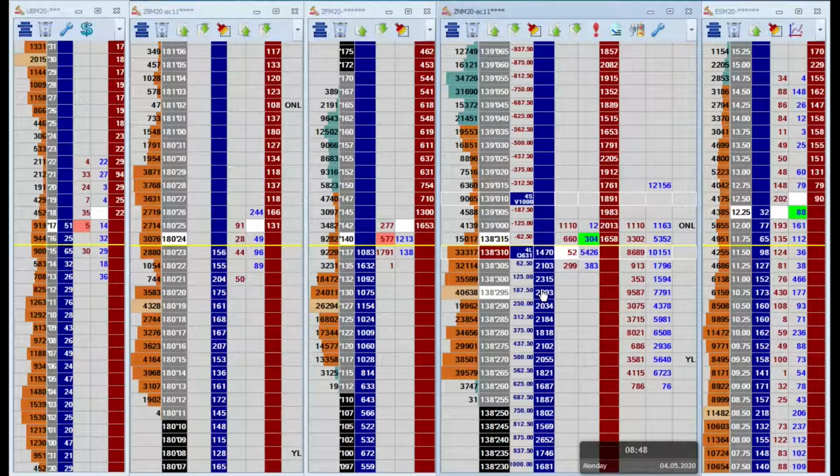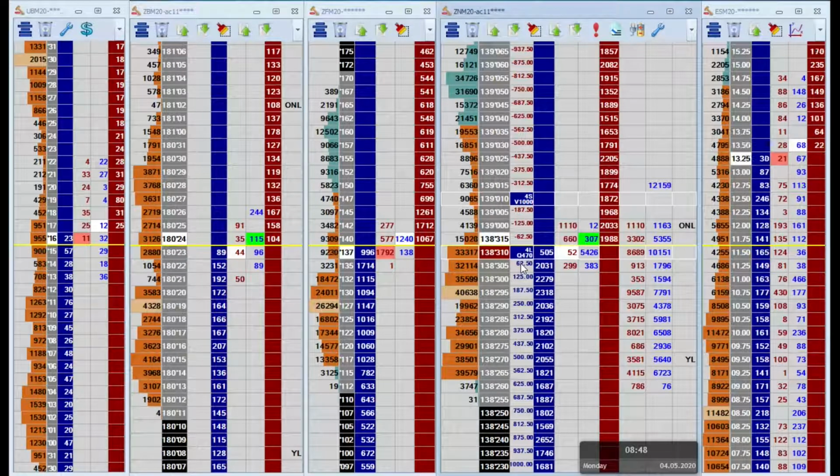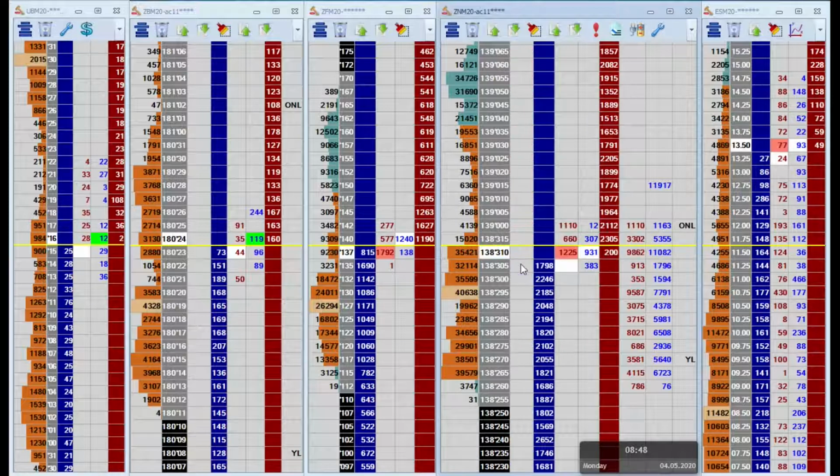There wasn't really a direction one way or the other. I couldn't get a good read. Nobody was really in charge. Buyers weren't in charge, sellers weren't in charge. This is what happens in the middle of the profile.